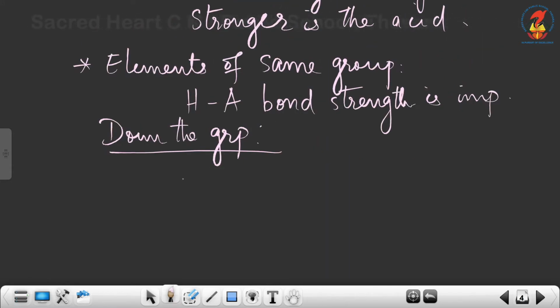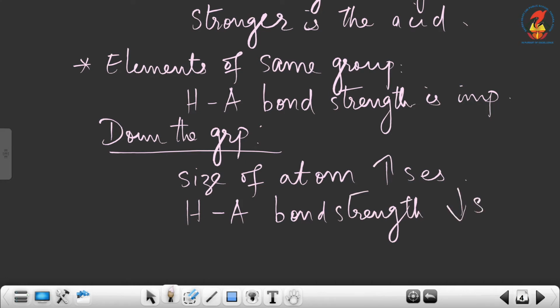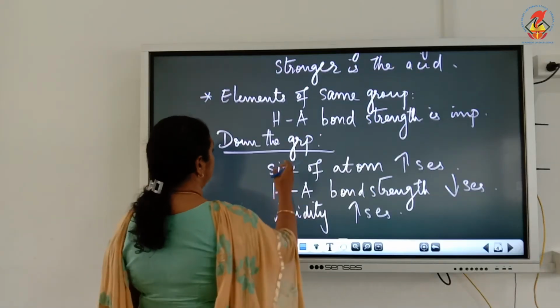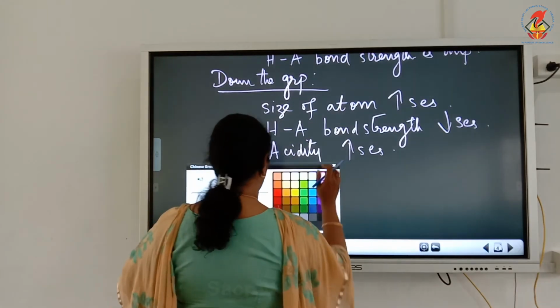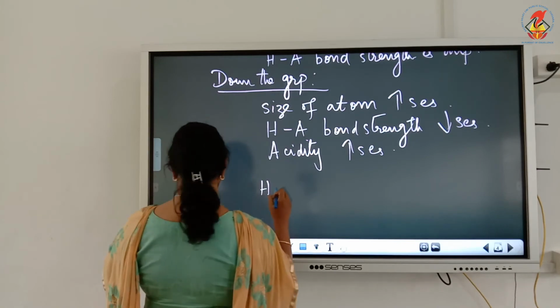Size of atom increases, then HA bond strength decreases, and acidity or acid character increases.